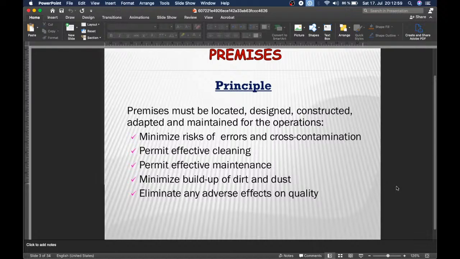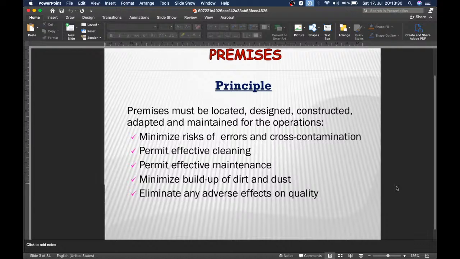The premises should permit effective cleaning. Cleaning has to be taken care of very well, for all hygiene purposes, along with effective maintenance. Minimize the dirt and dust, so it should not be on a road where trains, cars and buses are moving around. That will also not be nice. It should be away from public places, somewhere in hilly areas where there is less pollution and it is free of dirt and dust.